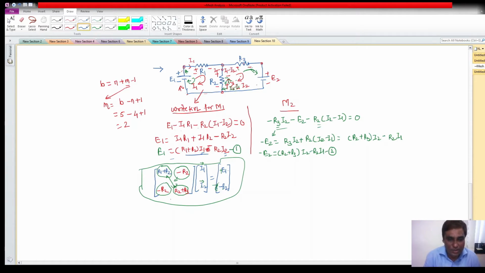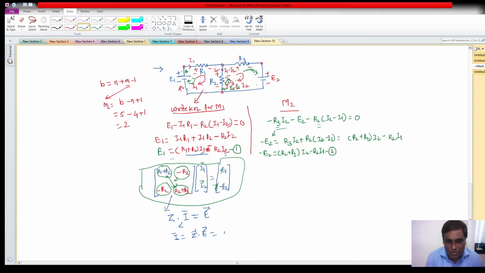And you observe that this will be the impedance matrix, this will be the unknown vector I, and this will be the sources present, which are voltage sources. And from that you can find the unknown mesh current vector like this using Z inverse into E vector.